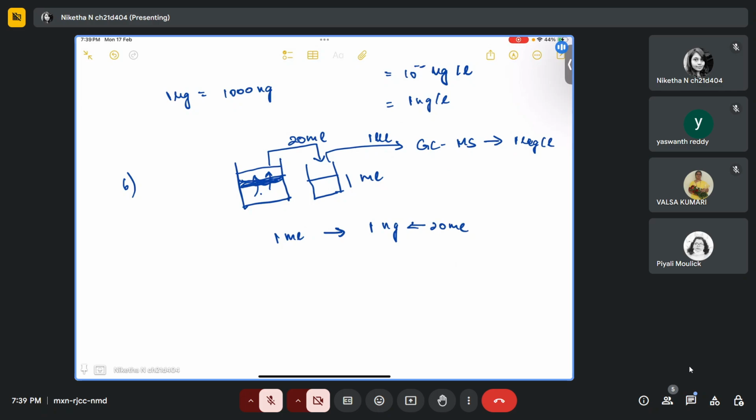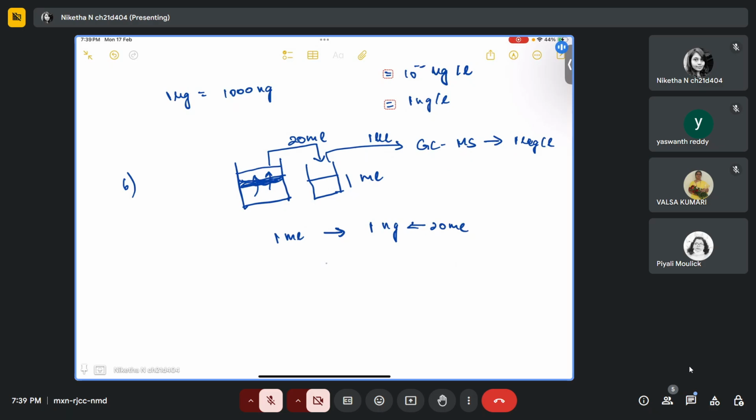So if we take the entire 30 ml, imagine that all the 30 ml of the solvent was able to be separated from the sample, then the mass of the chemical will be higher or lower? Will be higher, right? Because 10 ml is already left behind. So if this 10 ml was also there, then the mass of the chemical will be higher.